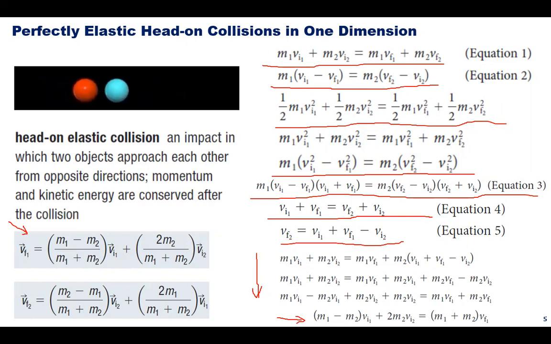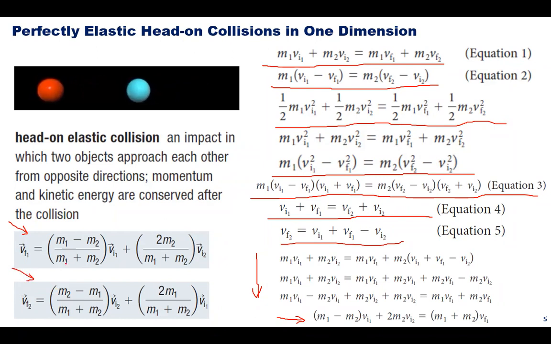So this equation expresses the final velocity of the first object in terms of the masses and the initial velocities of the two objects. Similarly, we can rearrange equation 4 to isolate vf1 on the left side and derive a similar equation for vf2, which is here.